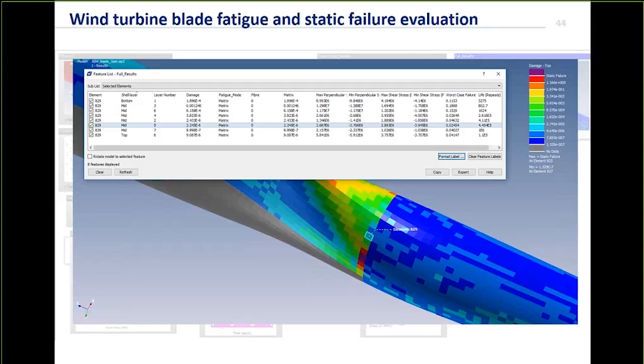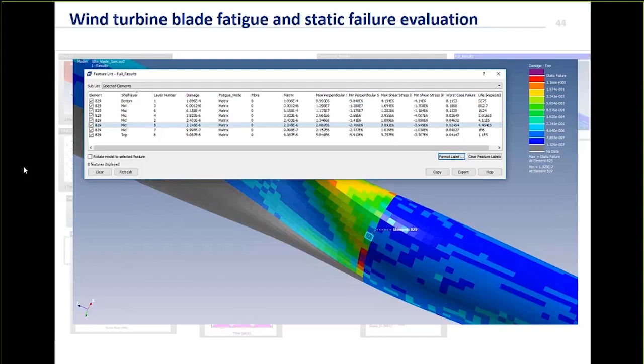What we have also in prototype form is some capability for fatigue evaluation. So this is what I was describing earlier. One thing that's very important here is that we can interrogate the plot and we can see the results for the different layers. And because we've used the Hashin-Rotem criteria, which is a partially interactive criteria, we can distinguish between matrix and fibre failure modes.